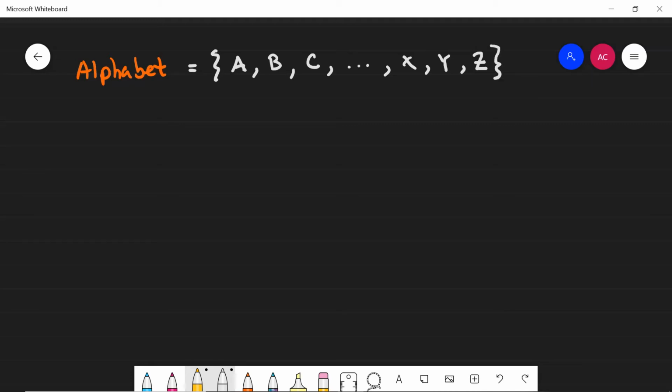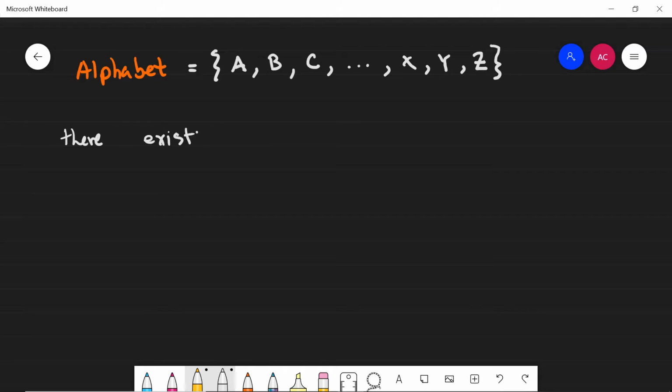Now, this is an example of a finite set. One way to describe that is precisely because there is a way to map this set to the set 1 through 26, right? So there exists a bijection.